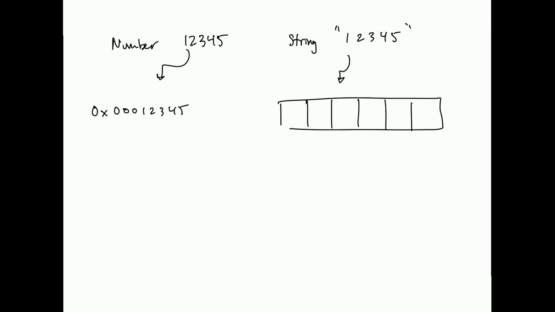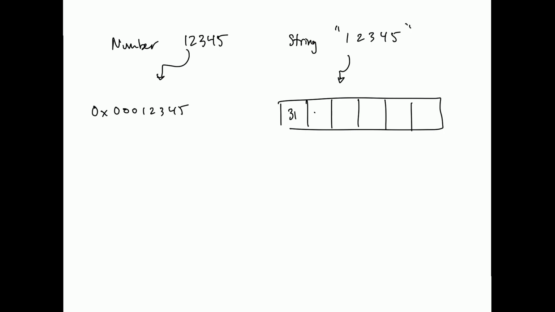So for the digit one, the ASCII code is, well, 30 is 0, I seem to remember from talking with somebody. So I think it's 31 hex. No? Yes? Okay.